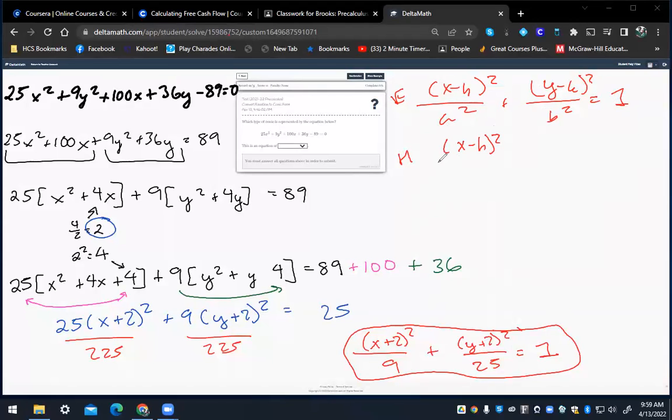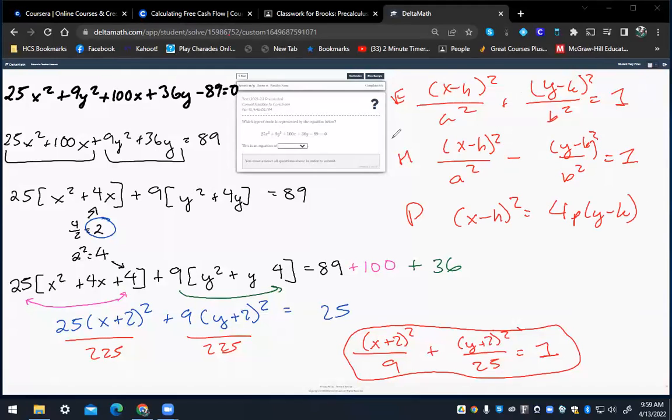All right, x minus h squared over a squared minus y minus k squared over b squared. These are hyperbolas. You see the difference? The difference is one's plus, one's minus. And then, of course, parabolas are completely different. Parabolas we found was x minus h squared equals 4p times y minus k, so on and so forth.